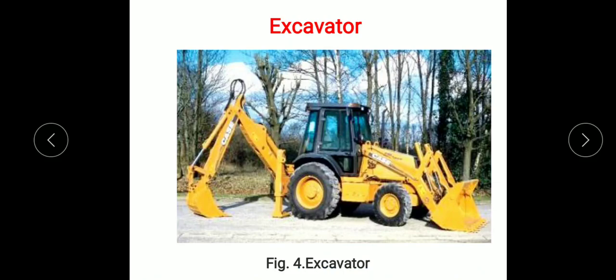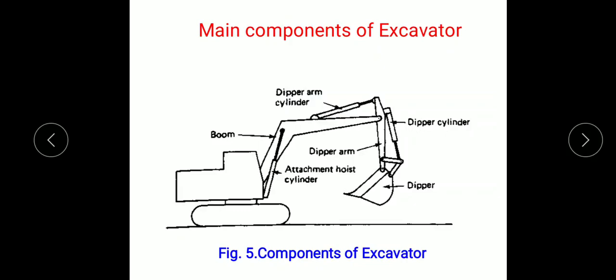Figure number 4 shows an excavator, to one end of which this mechanism is installed, and to the other end this mechanism is installed. The main components of an excavator are shown in figure 5.